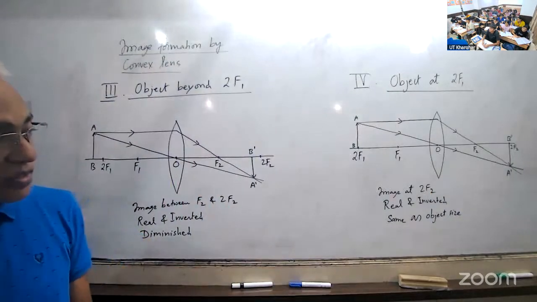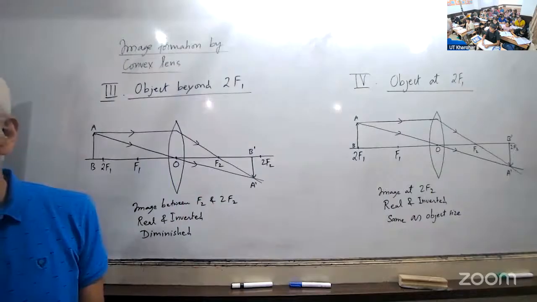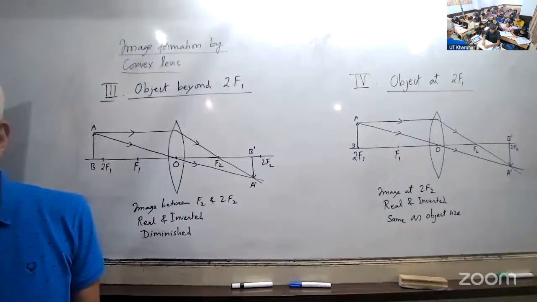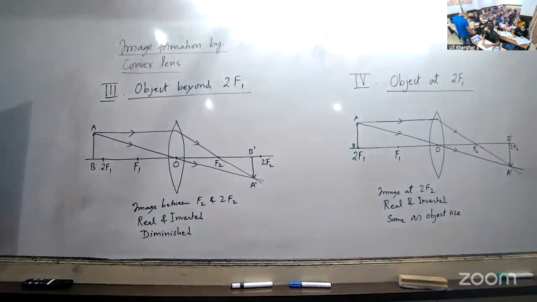Same as object size means the image is just the size of the object, which is what it is. But it is real and inverted. I don't know. Who is the English teacher?